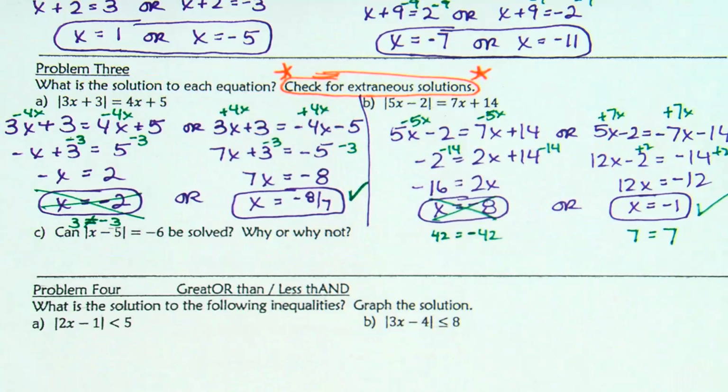Can you show me a distance of negative 6? Nope. So can this be solved? No, because absolute value cannot equal a negative. So the answer is no. Absolute value cannot equal a negative.